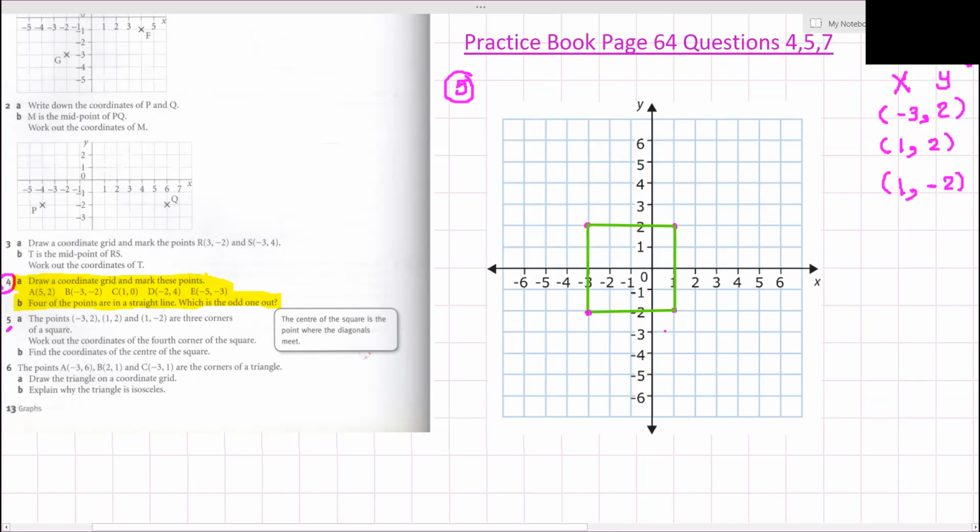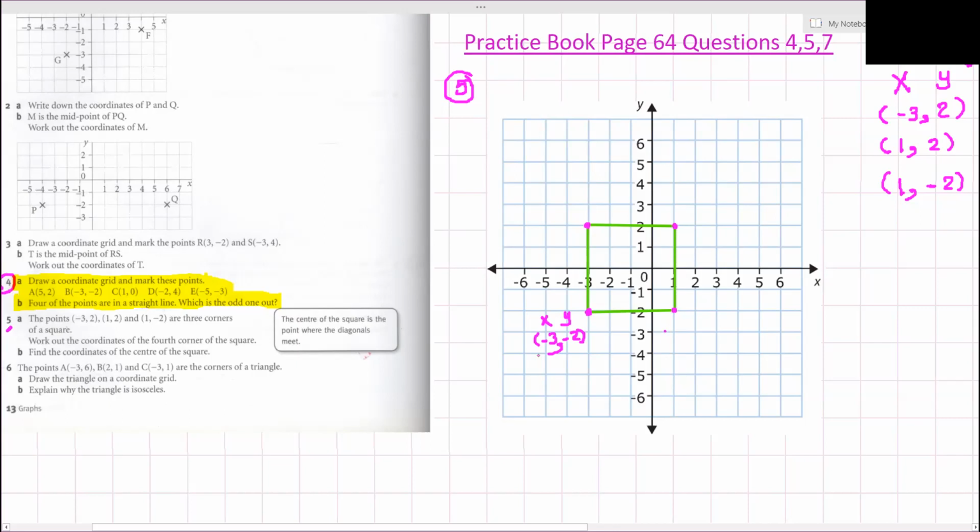This is the fourth corner which we didn't plot. So the coordinates for the fourth corner, first I'll start with the x coordinate, so it will be -3, and the y coordinate equals -2. So this is x and y. This is the coordinates for the fourth corner.